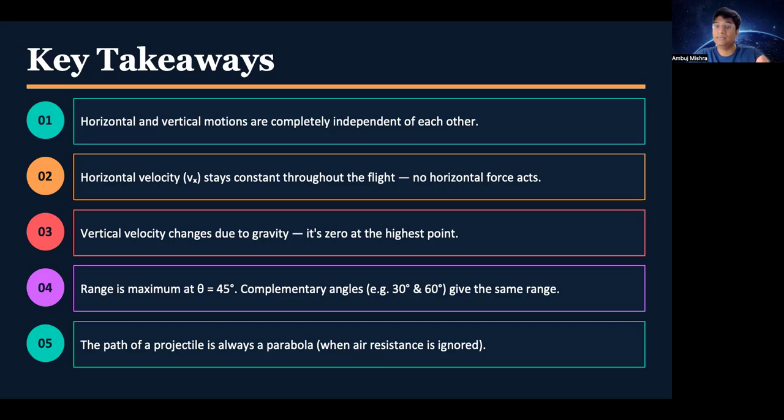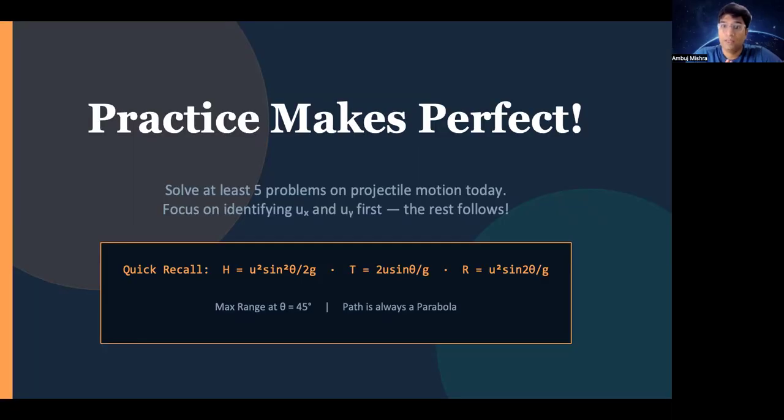Complementary angles, 30 degrees and 60 degrees, give the same range. This is also something that we should note. The path of the projectile is always a parabola. Again, this also keeps the assumption in mind that air resistance is ignored over here. Now, what we can do is solve a few more problems in this manner and recall these 3-4 points.